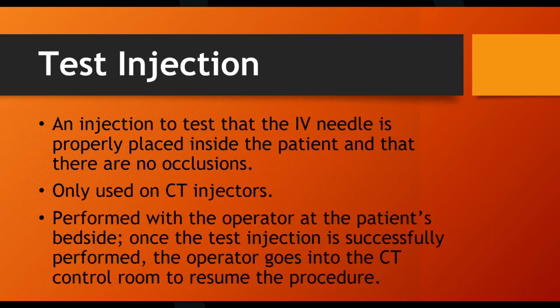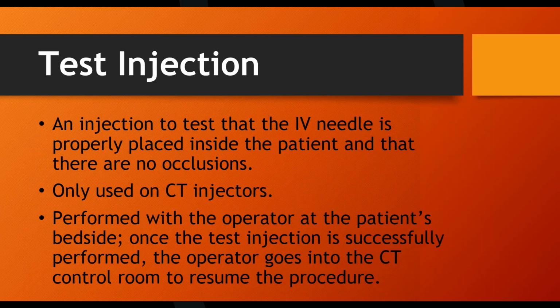So what they'll do is, for phase 1, you select phase 1, and one of my selections here says contrast, flush, or cancel, but one of the options is test. So I've hit test inject.